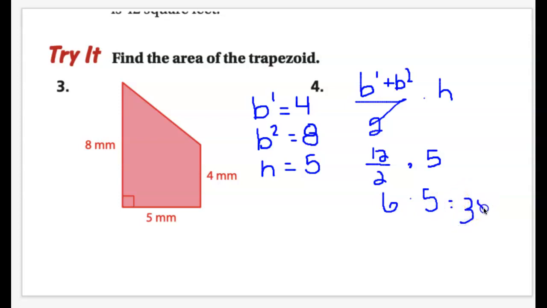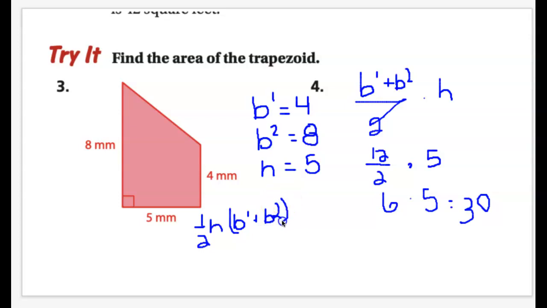And as I mentioned in the first slide, we are going to get the same answer if we use the formula 1/2 the height multiplied by base 1 plus base 2.